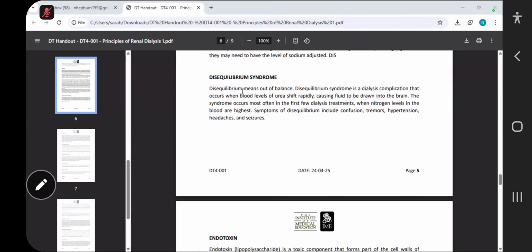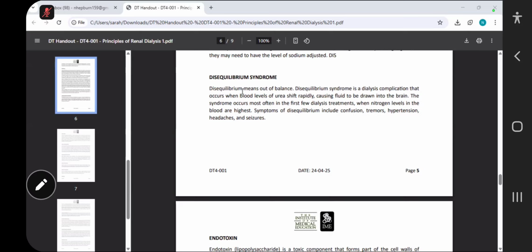You understand? Disequilibrium syndrome is a dialysis complication that occurs when blood levels of urea shift rapidly, causing fluid to be drawn into the brain. The syndrome occurs most often in the first few dialysis treatments when nitrogen levels in the blood are highest.